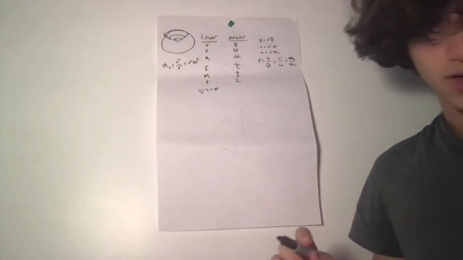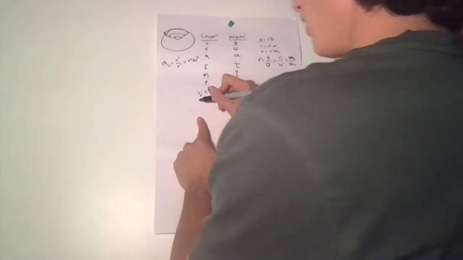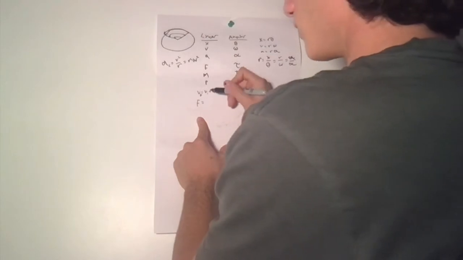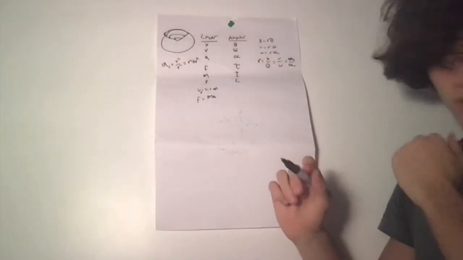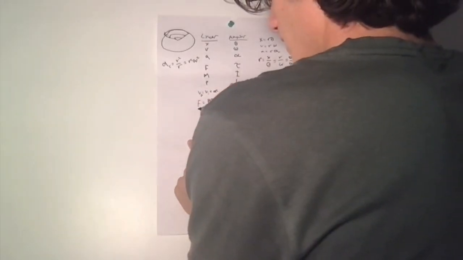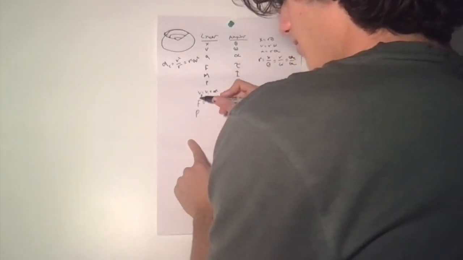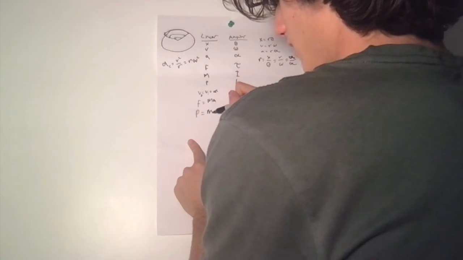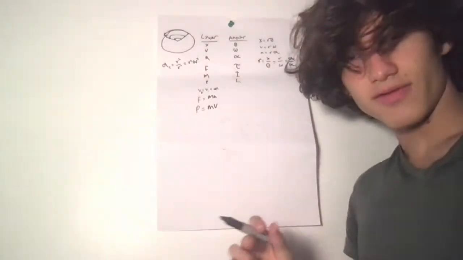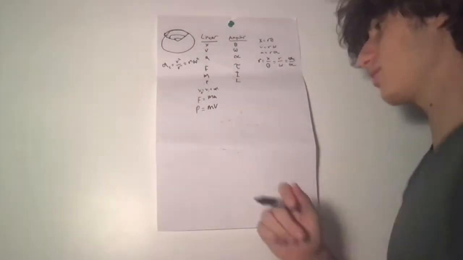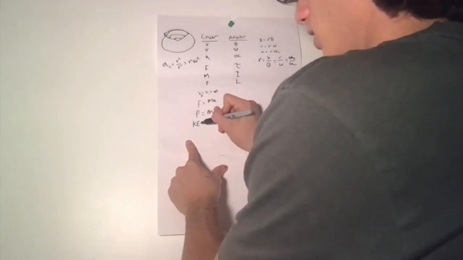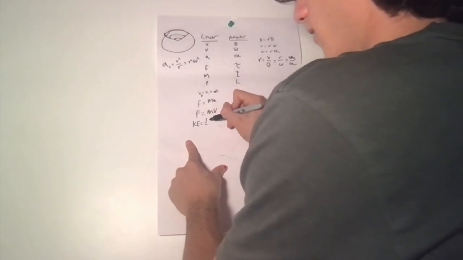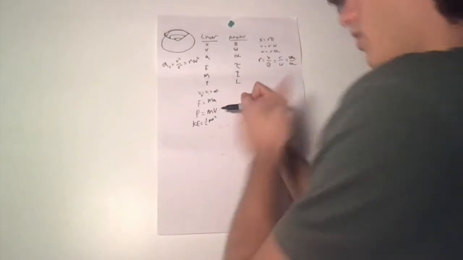We've also got Newton's second law, so force is equal to mass times acceleration. We have momentum, so momentum p is equal to mass times velocity. And finally, let's do energy. How about kinetic energy, which will be equal to 1/2 m v squared.